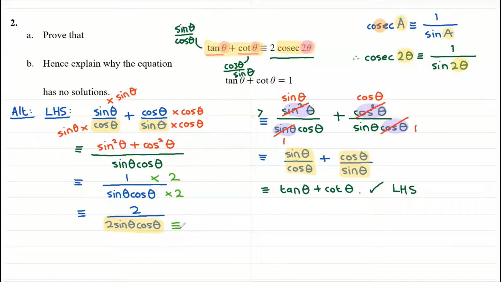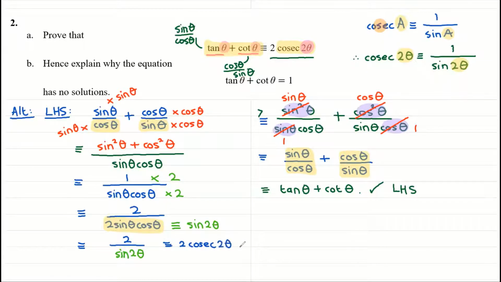This is identical to sine of 2 theta. And we're at a stage now where we can write down the final answer. So this is, of course, 2 over sine 2 theta, which is what we wanted, which is 2 cosec 2 theta.